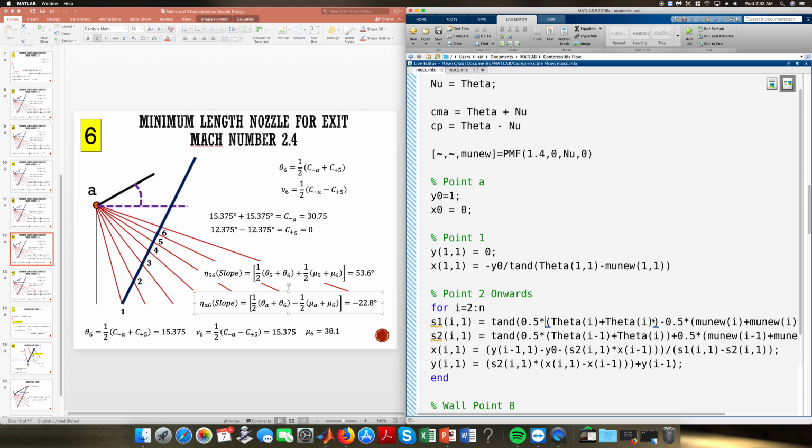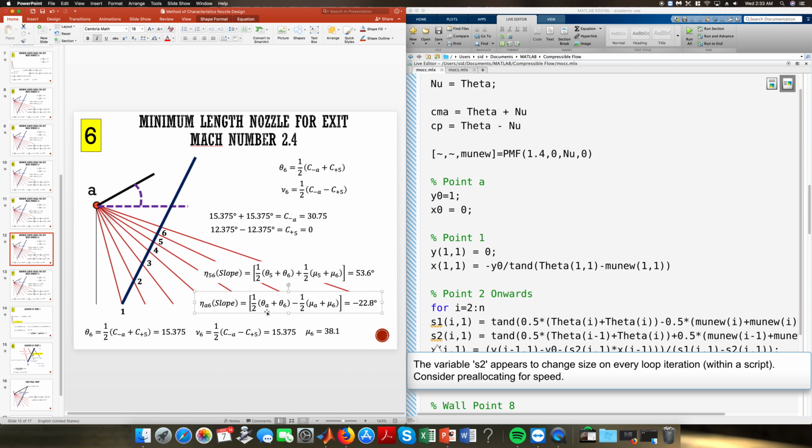So for the most part, it looks like our theta A equals theta 6 and our mu A equals mu 6, right? Our theta A looks like it's 15.375 degrees. That's my theta A, and theta 6 is also 15.375 degrees, right?